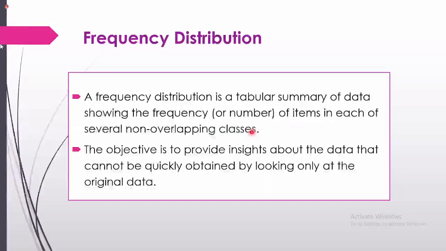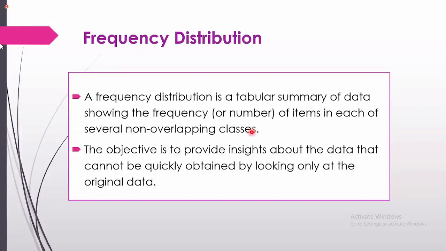So in categorical data, non-overlapping classes mean, when we are taking the gender, male and female, these are the non-overlapping classes. Only two classes it has, male and female. They are non-overlapping. Male cannot be female or female cannot be male. Right? For these two classes there is no common element.